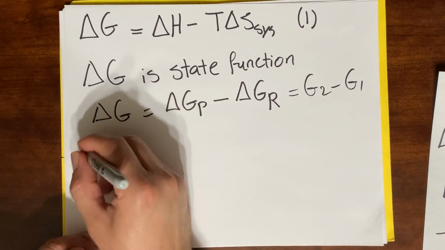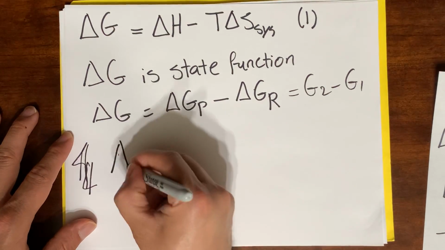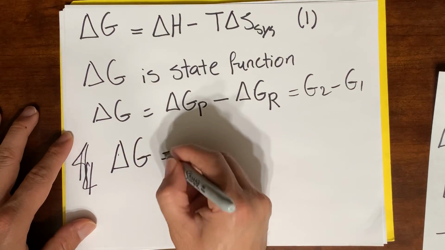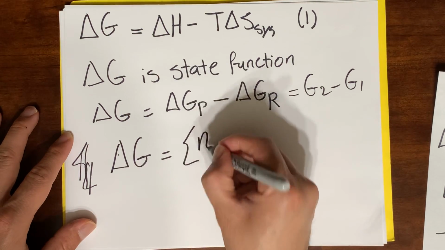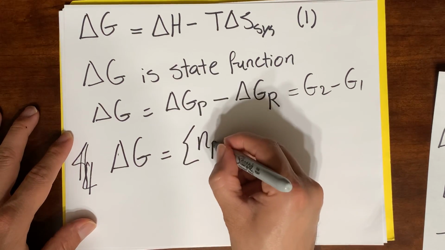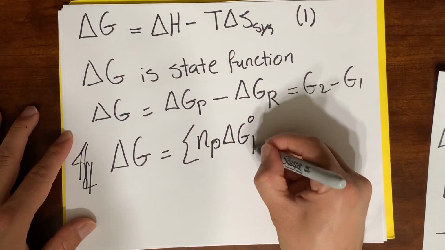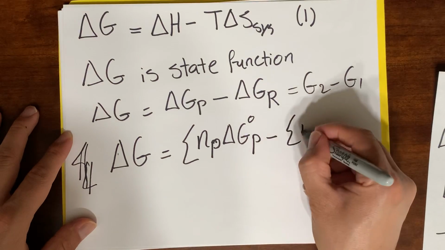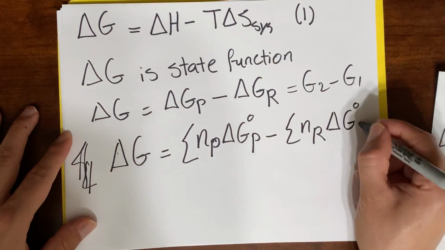So I can go with delta G equal to, similar to delta H, number of moles of reactant and product multiplied by delta G of product minus number of moles of reactant times delta G of the reactant.